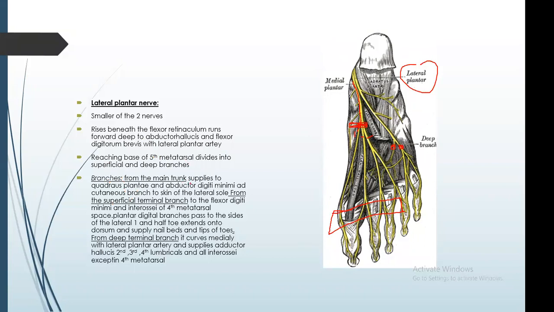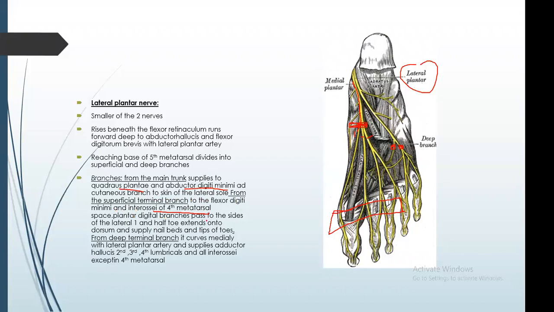The branches from the main trunk supply the quadratus plantae and abductor digiti minimi, and the cutaneous branches to the skin of the lateral sole. From the superficial terminal branches, it innervates the flexor digiti minimi and the interossei of the fourth metatarsal space.